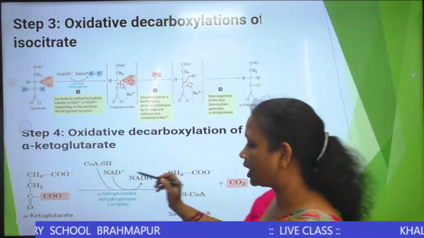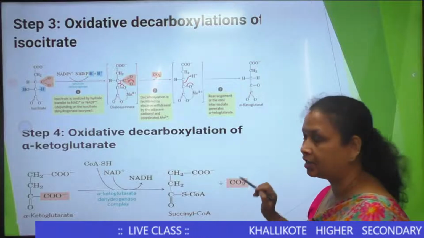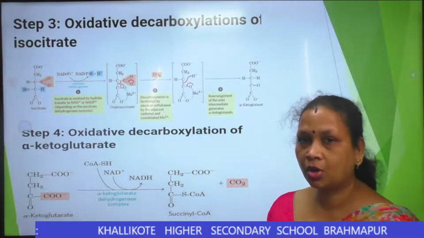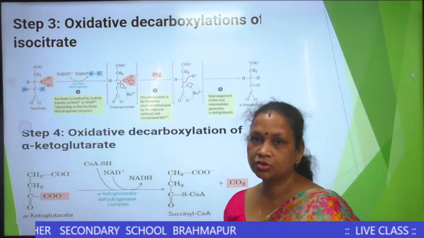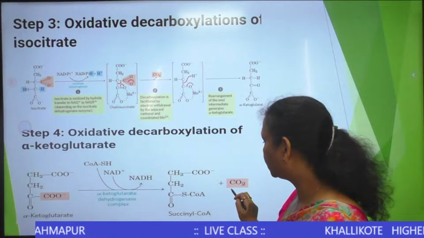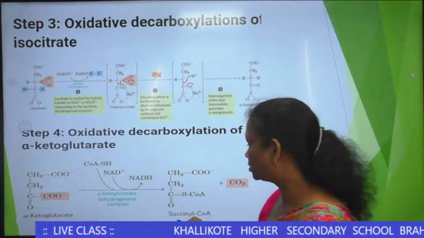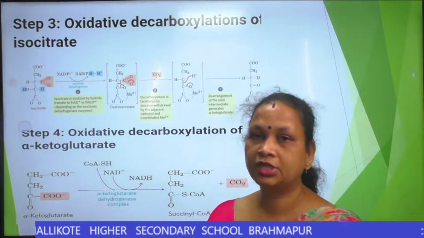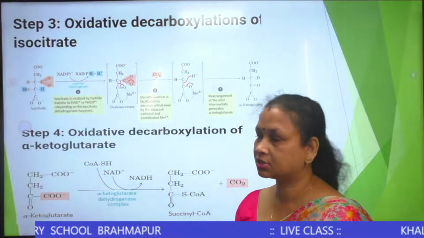And when alpha ketoglutarate is converted into succinyl coenzyme A, there is also loss of one molecule of carbon dioxide. So, 3 molecules of carbon dioxide have been lost by decarboxylation. The pyruvate, which contained 3 carbons, has had all its carbons released. The further reactions after succinyl coenzyme A will regenerate oxaloacetate in the matrix, so that the process continues.